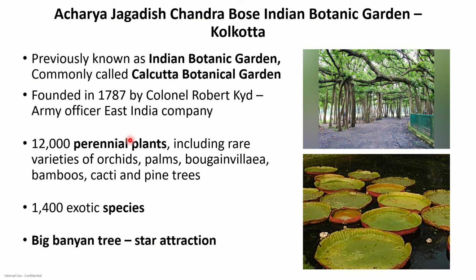It was founded during the British reign by Colonel Robert Kidd, an army officer of the East India Company. 12,000 perennial plants, including rare varieties of orchids, palms, bougainvillea, bamboos, cacti, and pine trees, are present there. 1,400 exotic species are also found there.